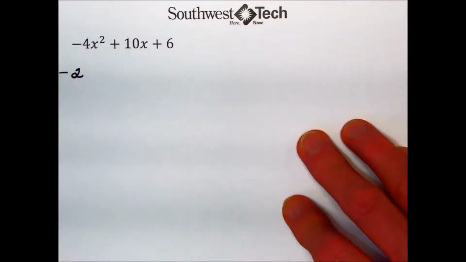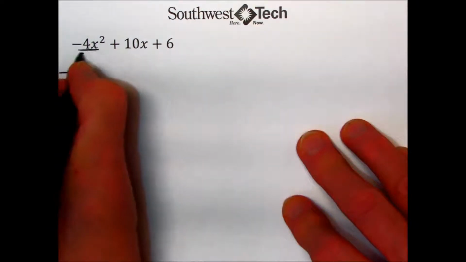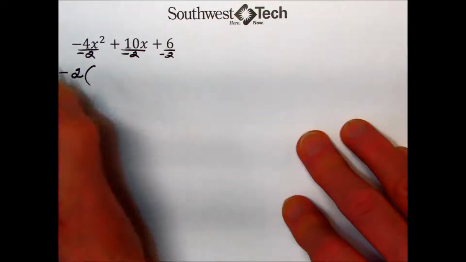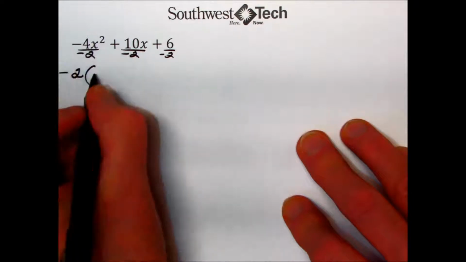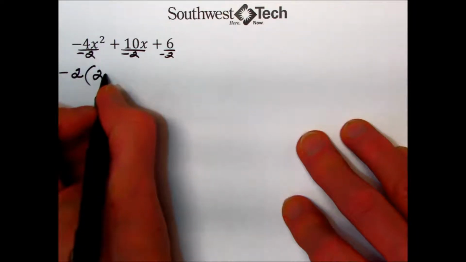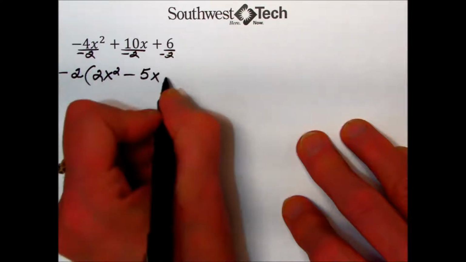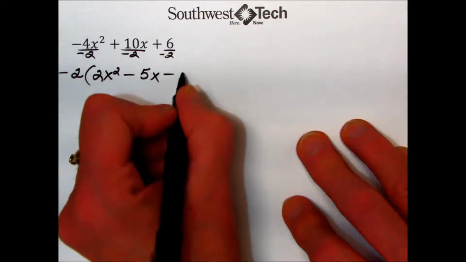So to kill 2 birds with 1 stone, factoring out a negative 2 from each one of these is going to reduce our polynomial that we're factoring, and eliminate that leading coefficient being a negative.